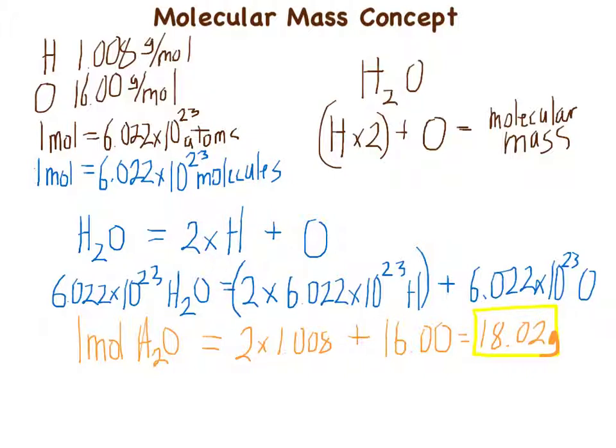I broke it down for you, but all we did is take the atomic mass of hydrogen and multiply it times 2, because there's 2 of them, and then add it to the atomic mass of oxygen, which we find in the periodic table. So basically, you just look at what the molecule consists of, and you add up all the atomic masses. If there's 2 of them, you multiply it times 2. If there's 3, you multiply it times 3, and so on. Add all those numbers up, and that will give you the molar mass of the water molecule.